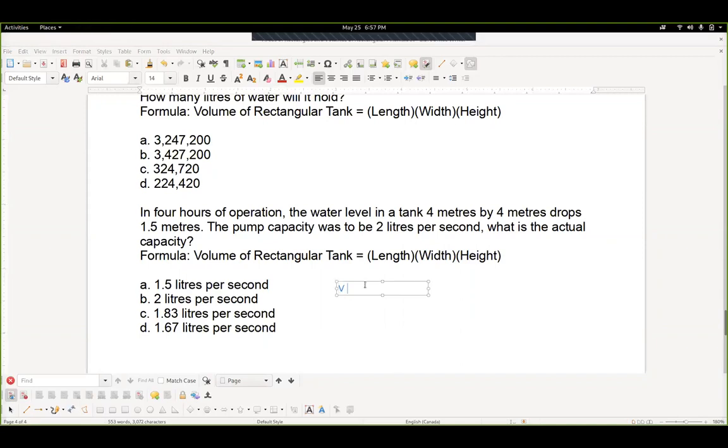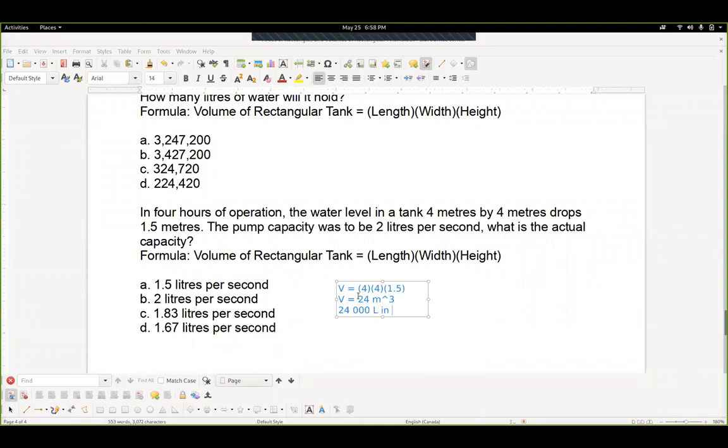So volume equals 4 times 1.5 times 4, so the volume will be 1.5 times 16, which will give us 24 meters cubed. Now we know that each cubic meter holds 1,000 liters, so that will be 24,000 liters.